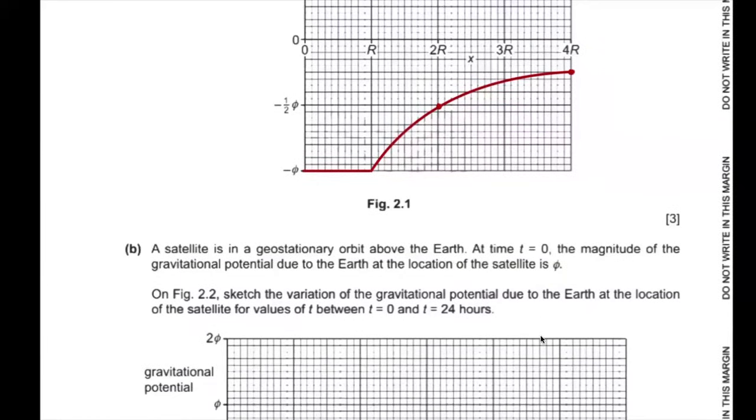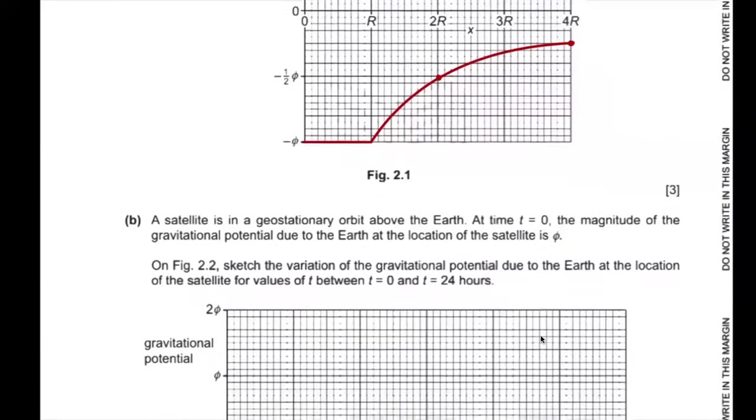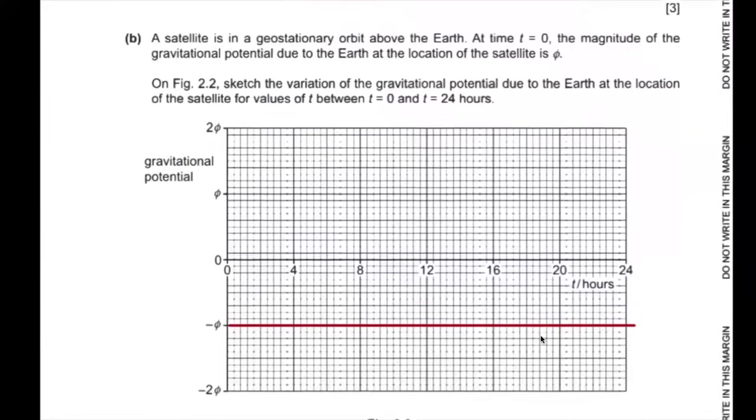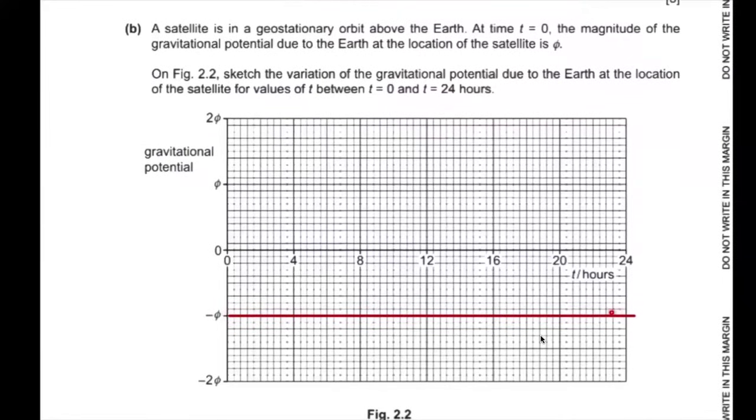So this time phi would not actually vary at all, and it's just going to be constant at this negative phi value, right? So if the magnitude is phi, we know that gravitational potential is always negative. So I draw a horizontal line at negative phi, right? Because it's a geostationary orbit, the distance from the Earth is the same, so r is the same. So this is a constant valued graph.